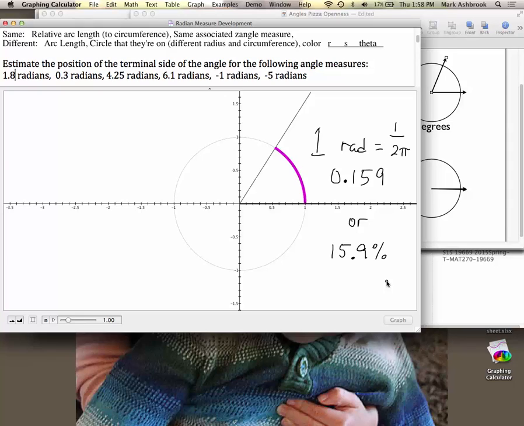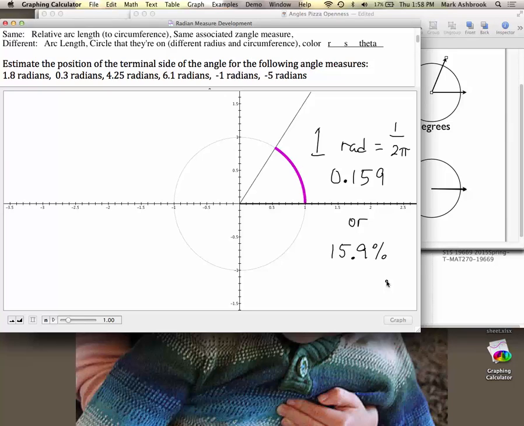So I want to show you something. If I said how many degrees is 1 radian, you'd think to yourself, what's the formula? But now I just told you that 1 radian was 15.9% of a full rotation. And if I ask you now how many degrees it is, it should seem very simple.